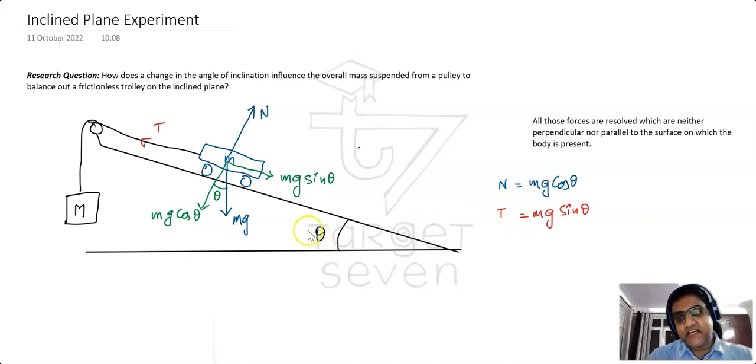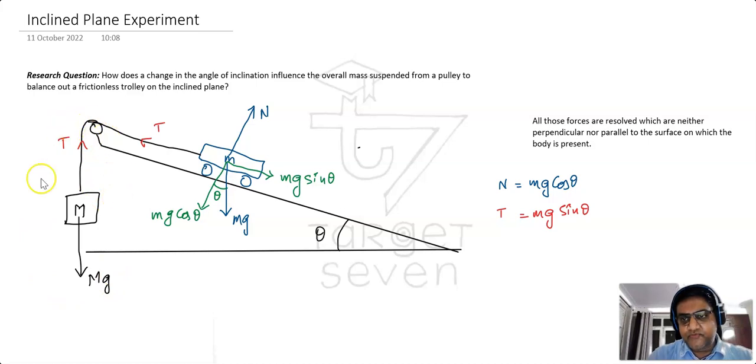Now at the same time, if I consider the mass that is being suspended, the two forces acting on that particular body, they would be capital M into G, that is the gravitational force, and the tension acting in the upward direction in the string.